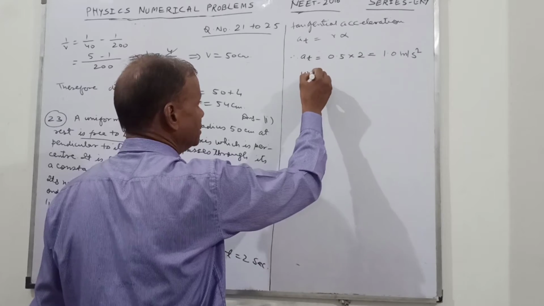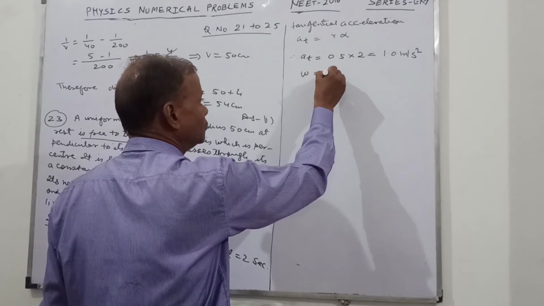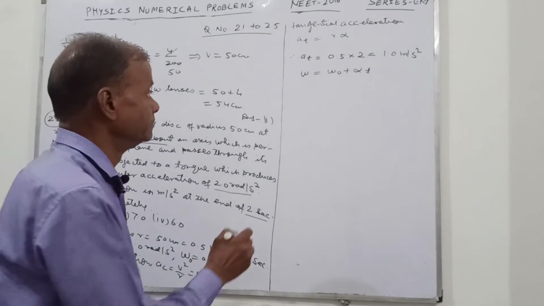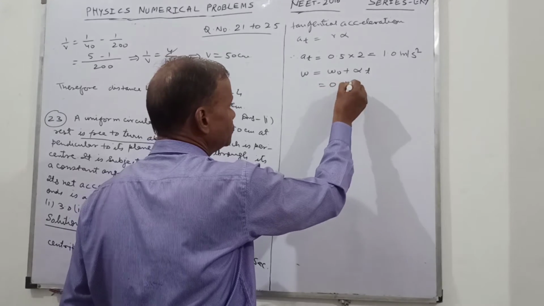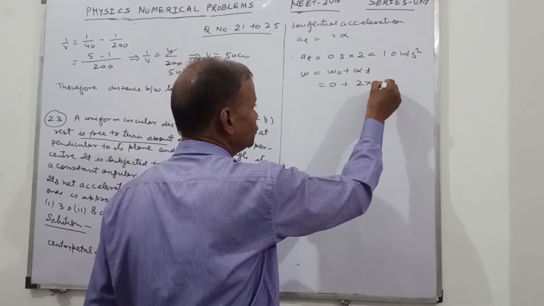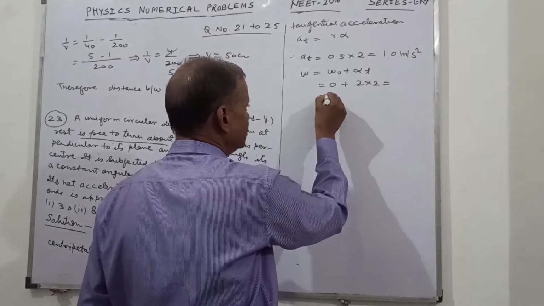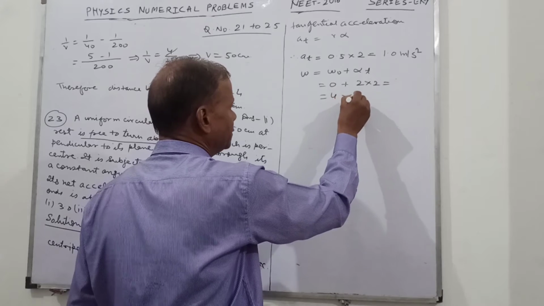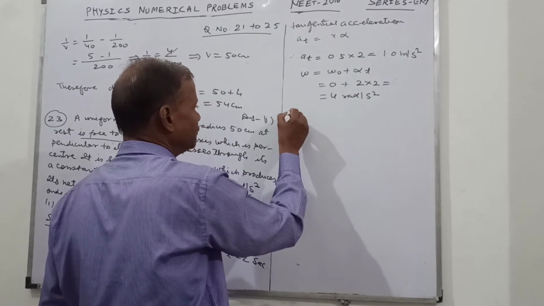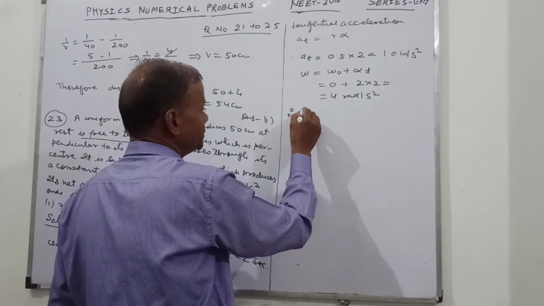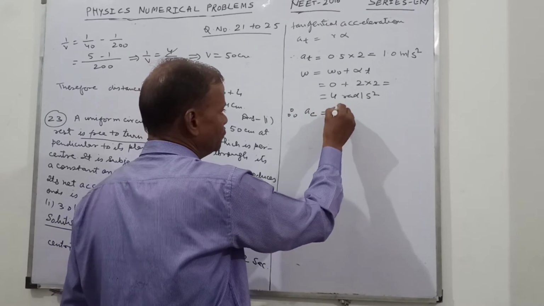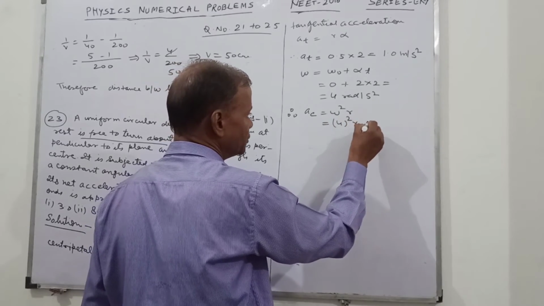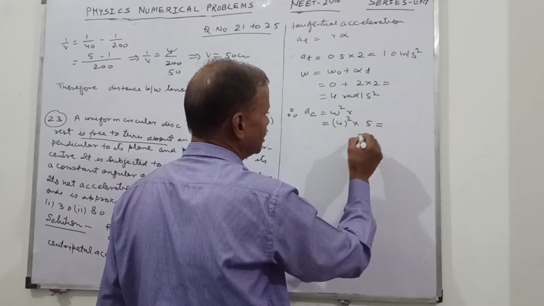So omega equal to omega naught plus alpha t. We use the equation of motion. So omega naught is 0, alpha is 2, t is 2, so this is now 4 radian per second. Therefore, centripetal acceleration AC equal to omega square r. Omega is now 4 square, r is 0.5, so this will come out to be 8 meter per second square.